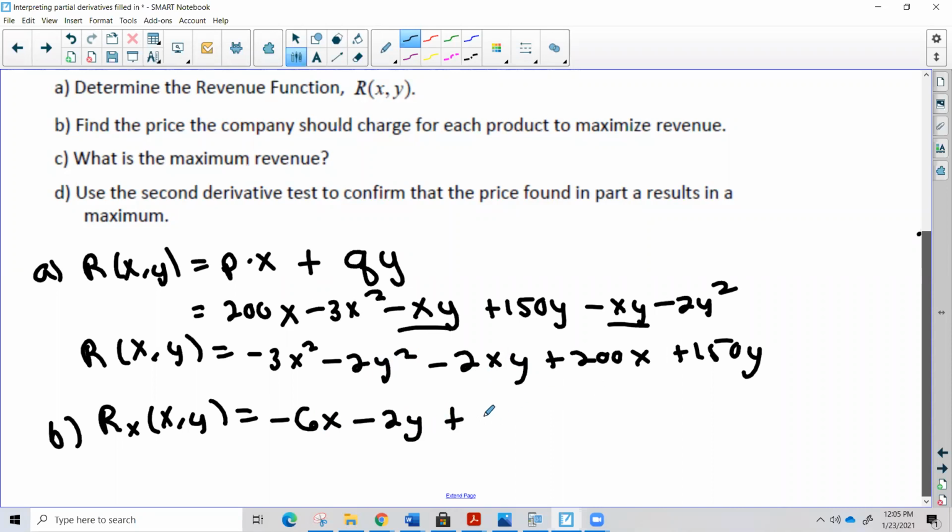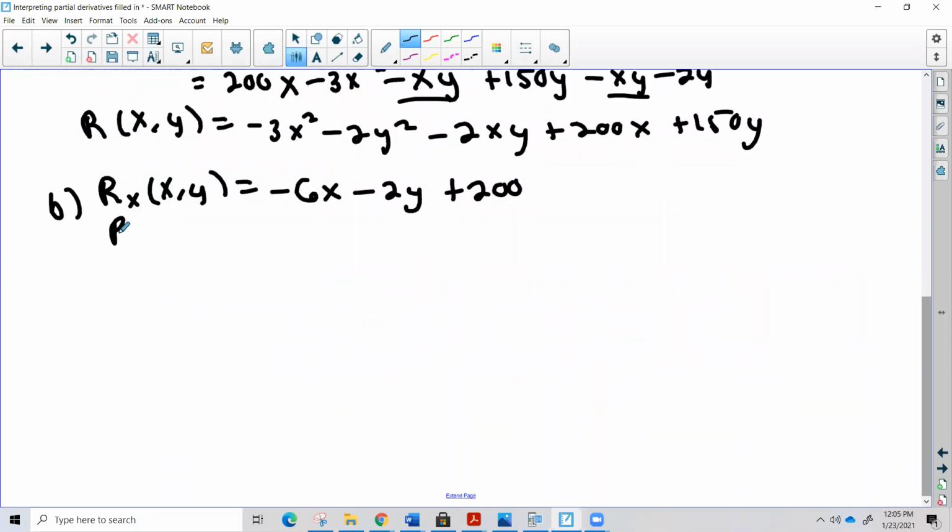And then 200x is 200. Okay, R of Y, so with respect to Y, 0, negative 4y minus 2x, and the derivative of y is 1, 0, and then 150.